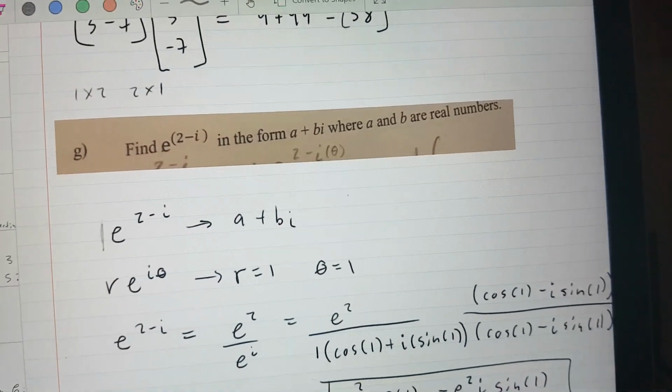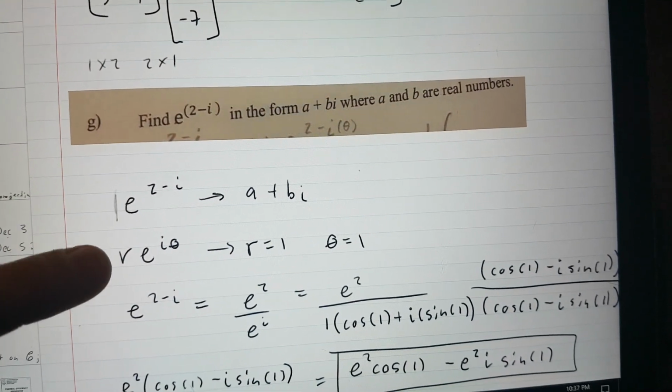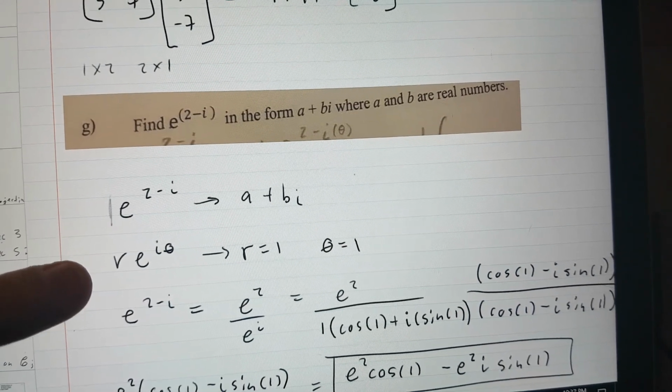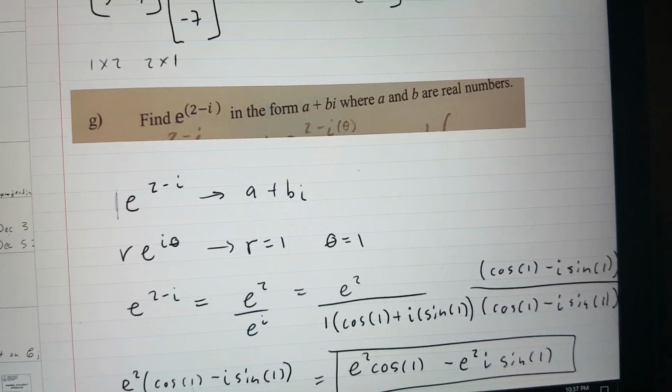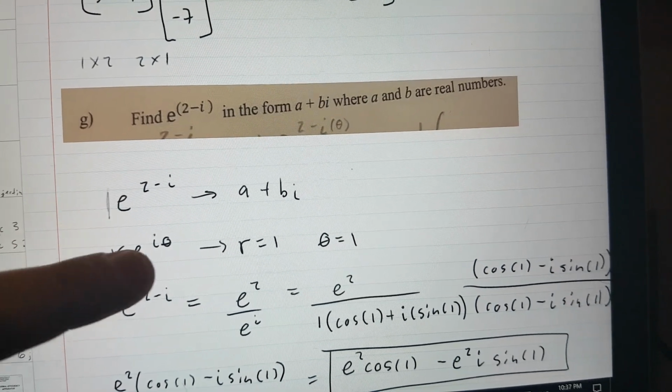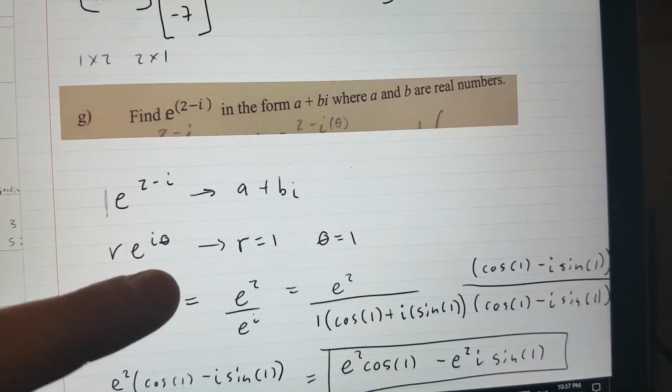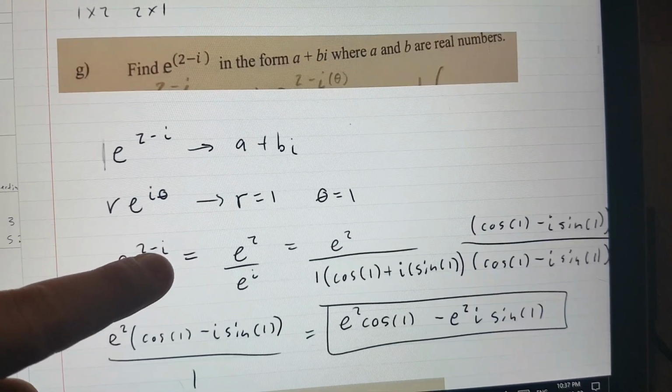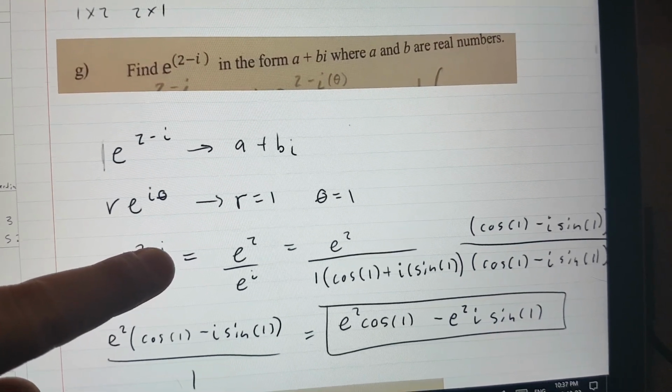All right, so find e to the 2 minus i in the form of a plus bi, where a and b are real numbers. The generic formula is r times e to the i theta. In this case r is 1, and theta is going to be negative 1.